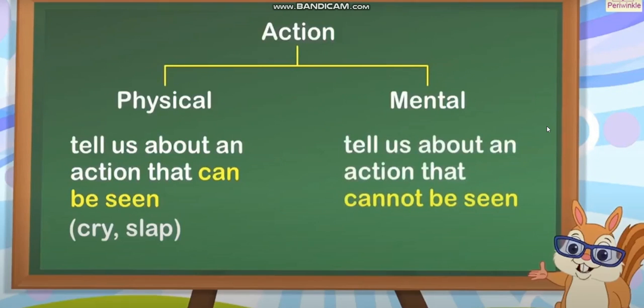We can see the person playing, that is a physical action. But when it is said that a person feels happy, then here feels is a state of being. So feel is something which cannot be seen, but still it is an action. For example, forget, think.